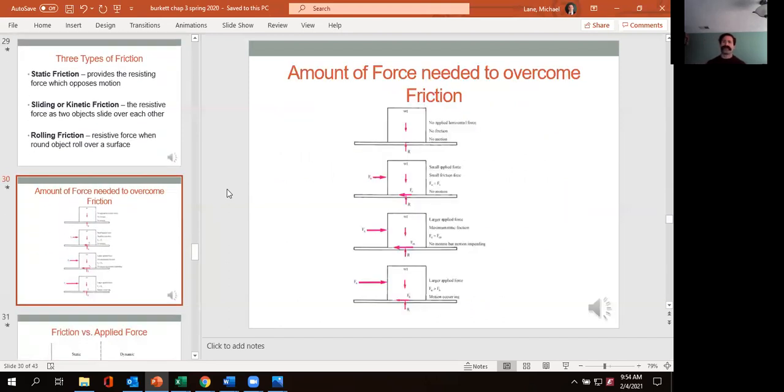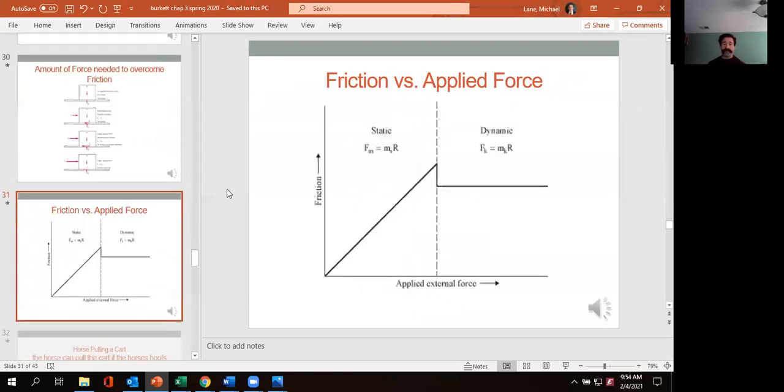So some examples. If we have a box sitting on a surface and we want that box to move, when we try to push that box initially, because it has its perpendicular force and its coefficient of friction, we have to overcome that initial force in order to move it. So we can push it and it won't even move at all. But if we push a little bit harder, eventually we're going to overcome that static friction, and now we have it moving. And as soon as it's moving, it converts into sliding friction, aka kinetic friction, and it's going to be a lot easier for it to stay in motion.